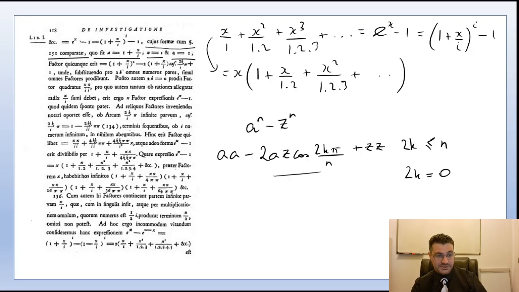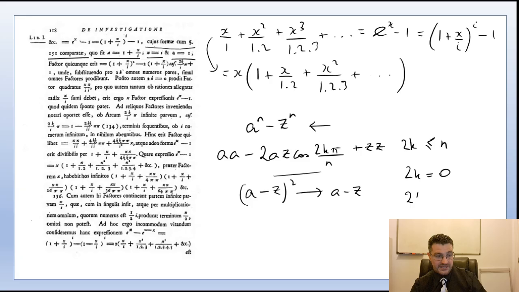So when 2k is equal to 0, because cosine of 0 is equal to 1, we get a minus z squared as a potential quadratic factor, but it turns out not to be an actual quadratic factor. However, a minus z is a linear factor of a to the power of n minus z to the power of n.